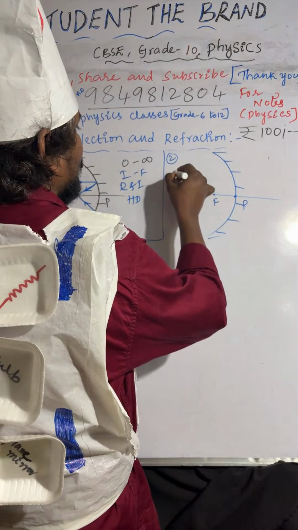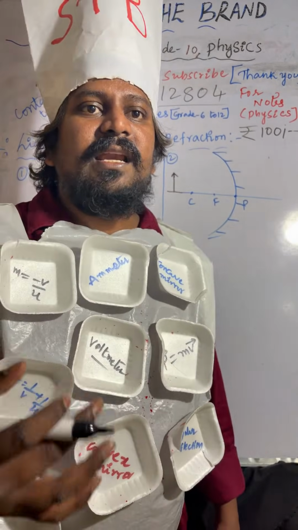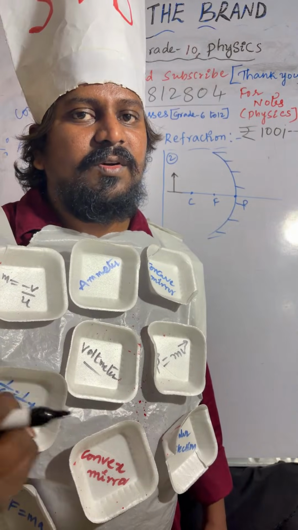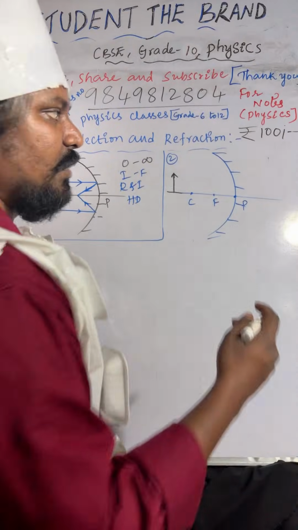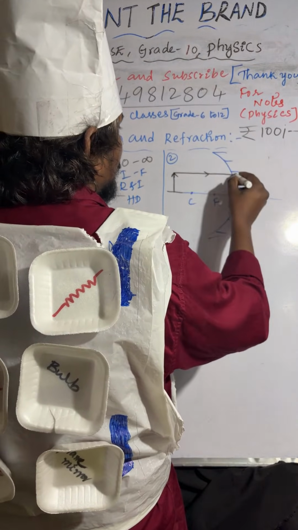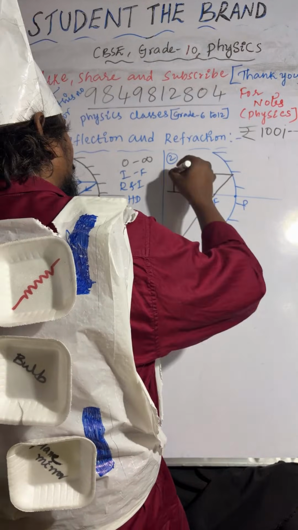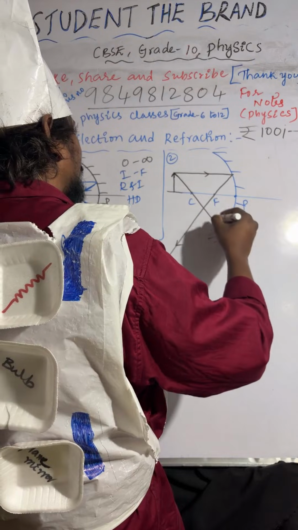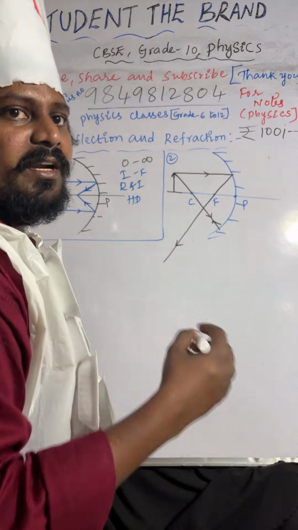How many light rays are required to form the image of the object? Minimum 2 light rays are required. I am taking one light ray like this, which after reflection passes through focus. Another light ray is passing through center of curvature. So the image will form between C and F.